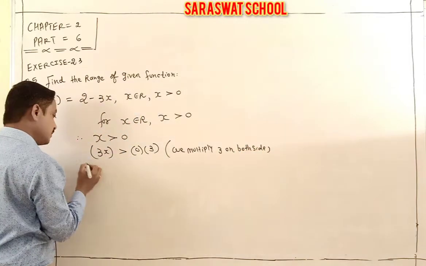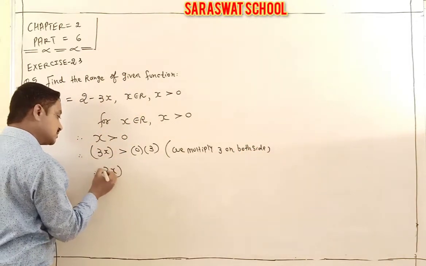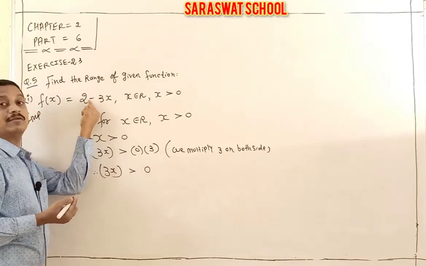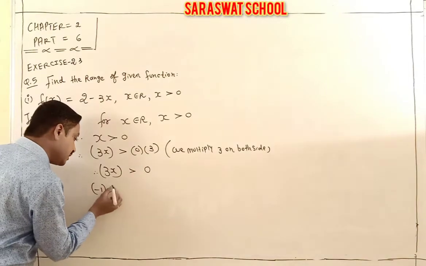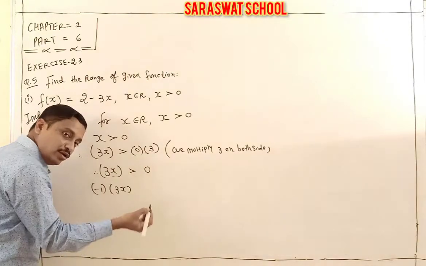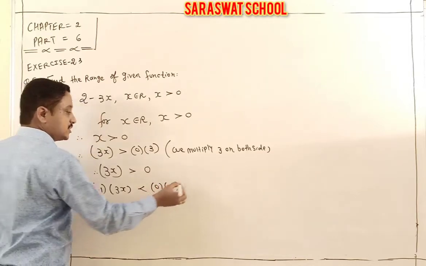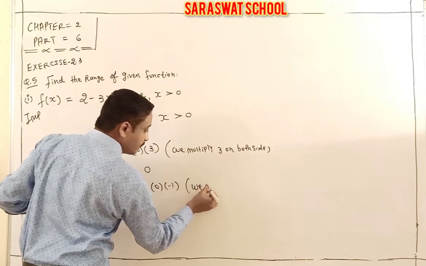So what do you get? You only get 3x, but here greater than 0. But I want the 3x outside with a minus. So multiply by minus. Whenever you multiply by a minus, the inequality changes.